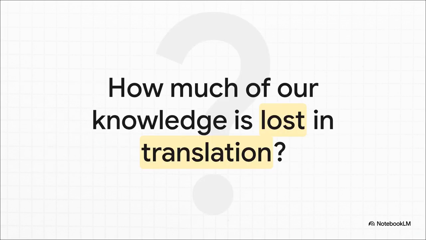We started with just one corrupted file, but it leaves us with a much bigger question to think about. In a world where so much of our information is being scanned, copied, and converted, how much of our collective knowledge is just quietly being lost in translation, one broken file at a time?